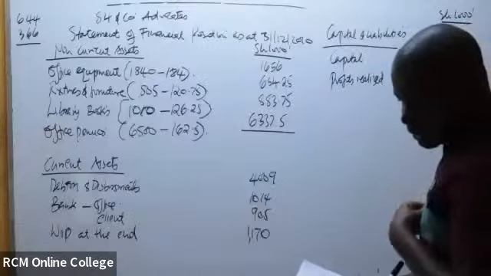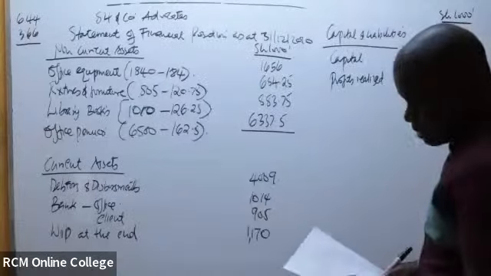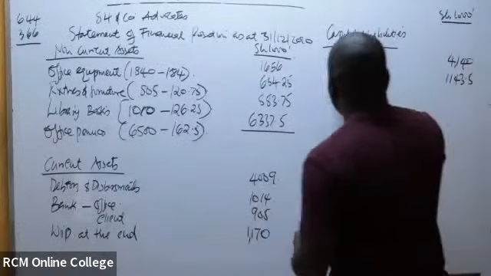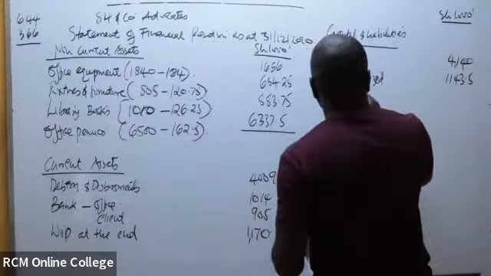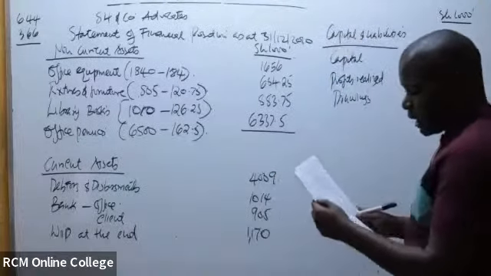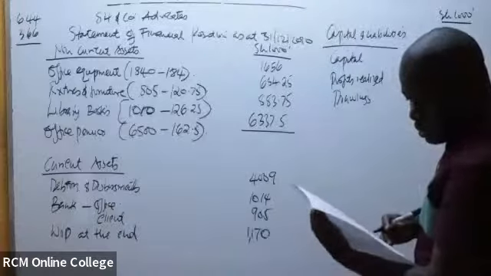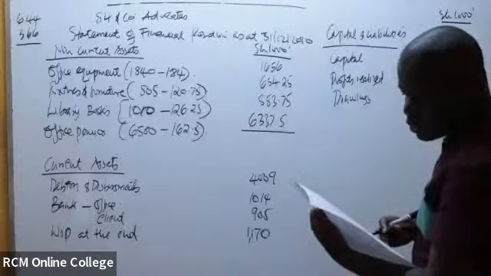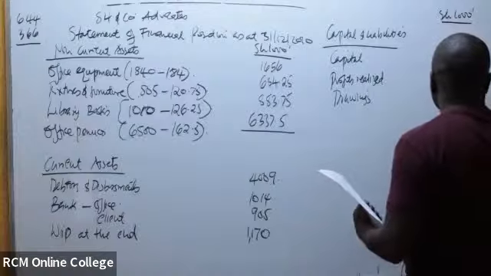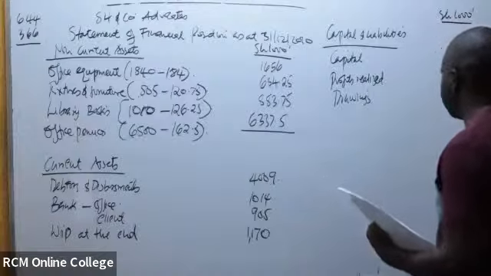But now there were some drawings. You remember those drawings as per note number 9? There were some drawings where we were told partners withdrew 1750.